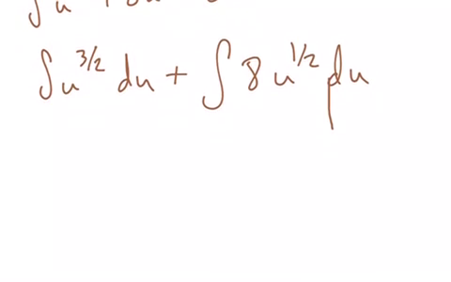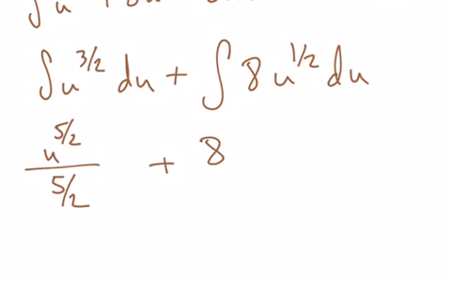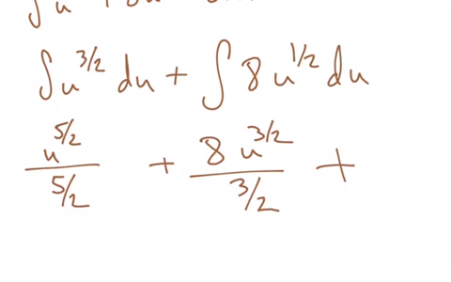So when I integrate these, what do I get? Well, this first one's simple. It's just going to be u to the 5/2 over 5/2. And when I integrate the second one, I'm going to have 8u to the 3/2 all over 3/2 plus c.